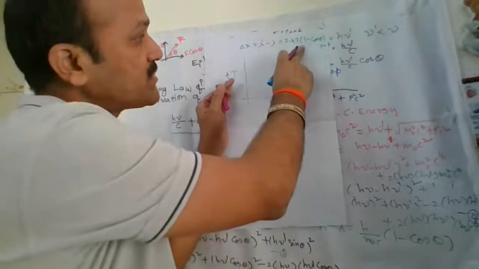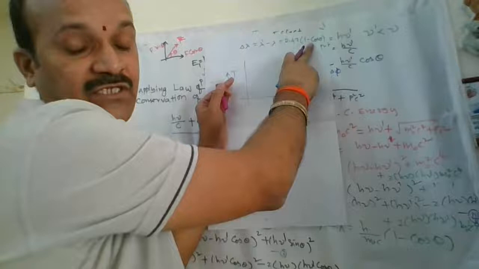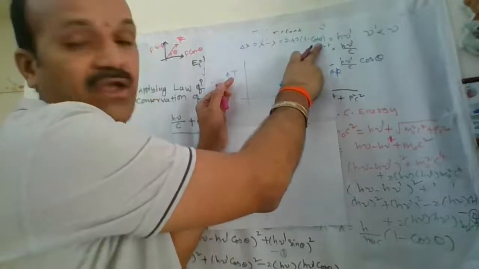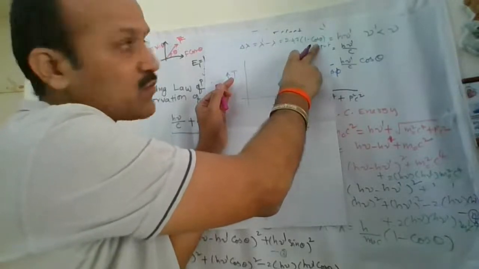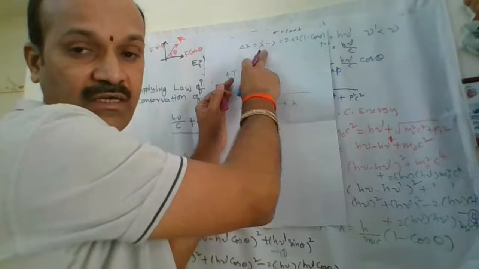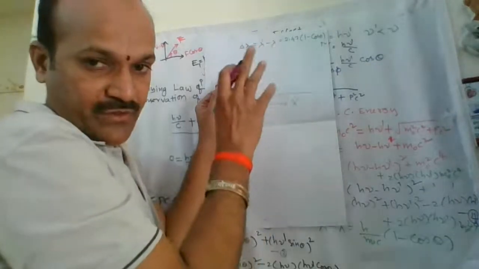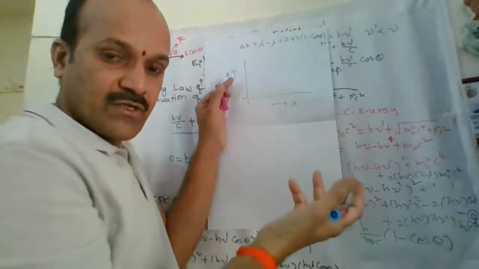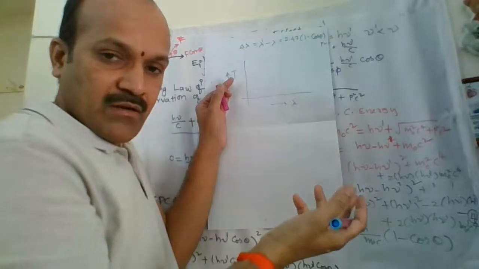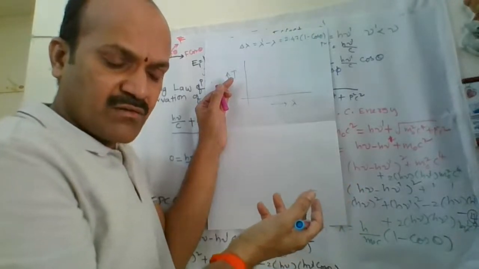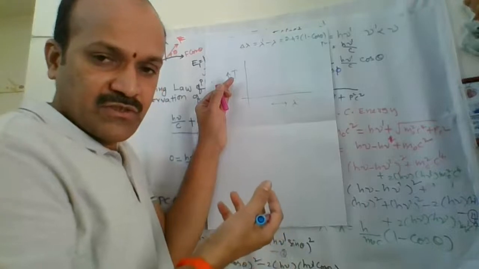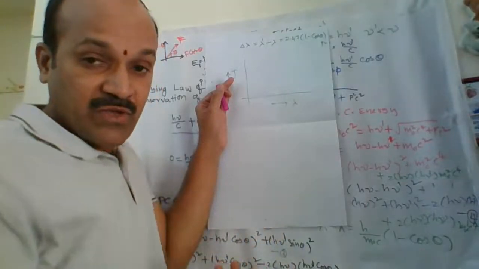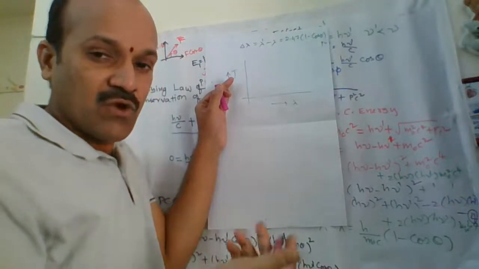So see this equation. If theta is 0, cos 0 is 1, 1 minus 1 is 0. So the shift delta lambda becomes 0. There is no shift. It means collision is not taking place, or energy is not absorbed.